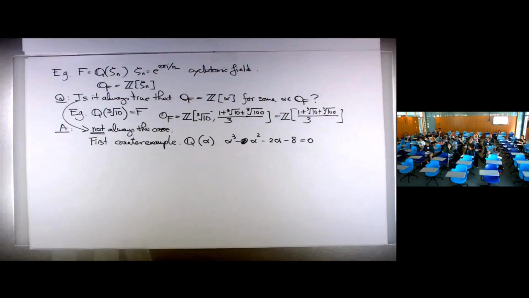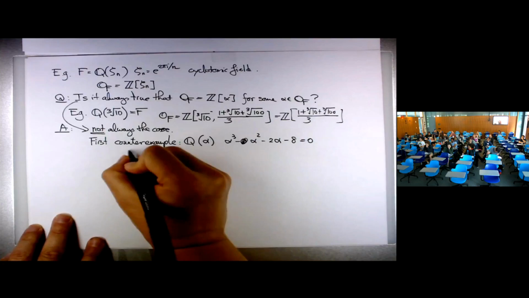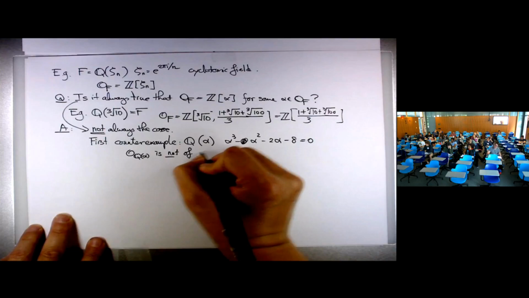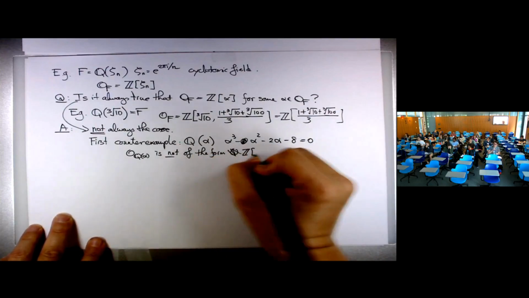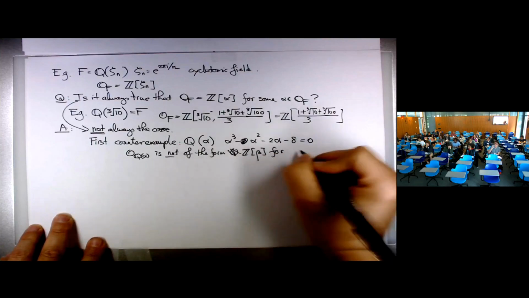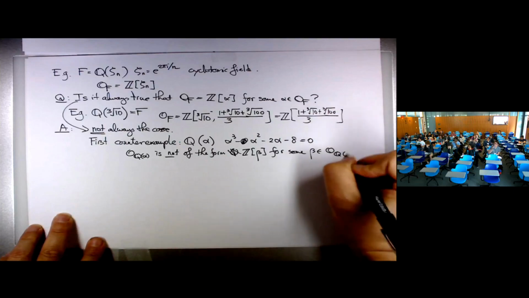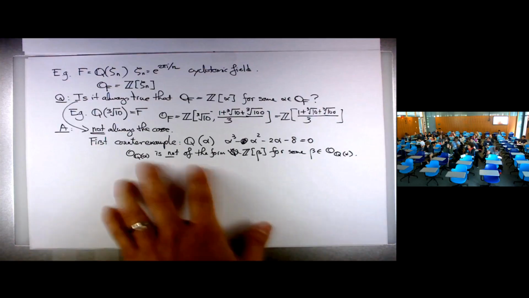And it turns out that this one is not of the form Z adjoin beta for some beta. In the exercise, maybe for the next lecture or the one after, I'll explain why this is not generated by one element.